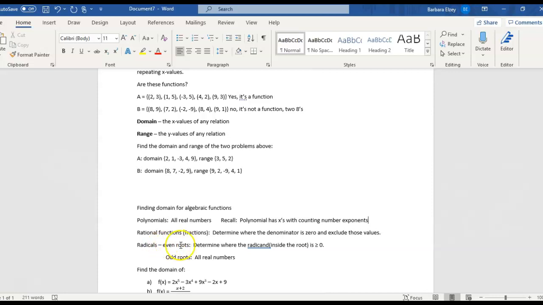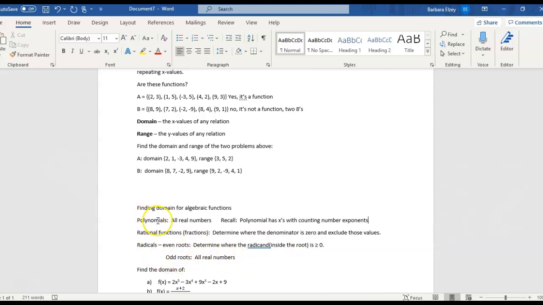If we have an even root, we're going to determine where the stuff inside of our root is greater than or equal to 0, because we can only have positive numbers or 0 underneath an even radical. An odd root, the domain is all real numbers.